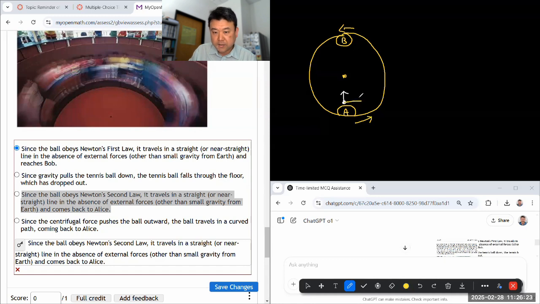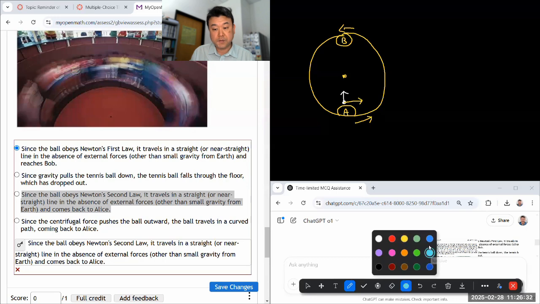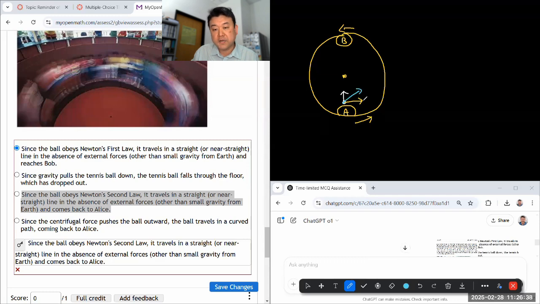The inherited velocity is tangent, in the same direction, the same velocity as Alice. So when Alice adds this component of velocity, the total net velocity is in this direction, the vector sum of the inherited velocity plus the velocity that Alice is adding. So this would be our V naught.